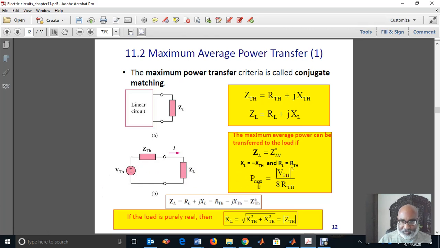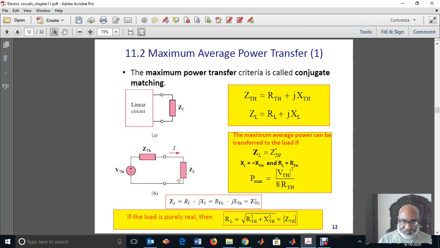So if we try to find the power, we found now the current, and we can find the voltage across the load by voltage division. The voltage across the load, VL, is equal to V Thevenin times ZL over Z Thevenin plus ZL, keeping in mind the relation between Z Thevenin and ZL.